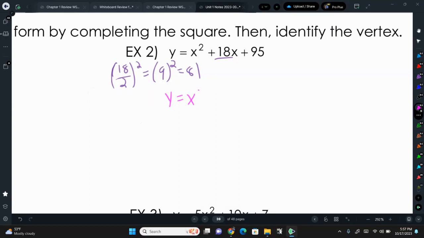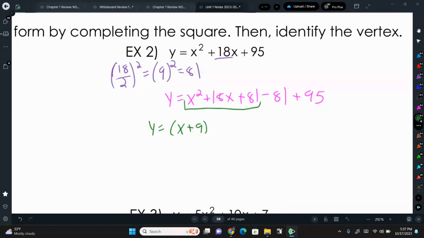So y equals x squared plus 18x plus 81, and then also minus 81 plus 95. This factors into x plus 9 squared, and then negative 81 plus 95, that's going to be positive 14. So then our vertex is negative 9 comma positive 14.